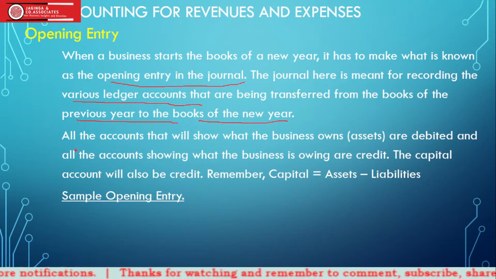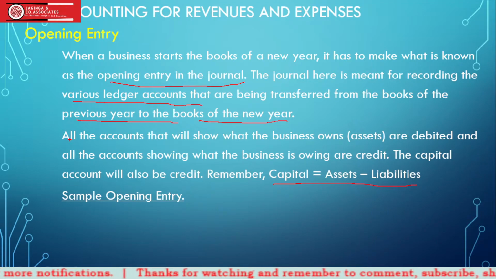And then we're also saying all accounts that will show what the business owns are debited, and all accounts showing what the business is owing are credited. The capital account will also be credited. Remember, capital account is equal to assets minus liabilities, if you can remember the accounting equation.